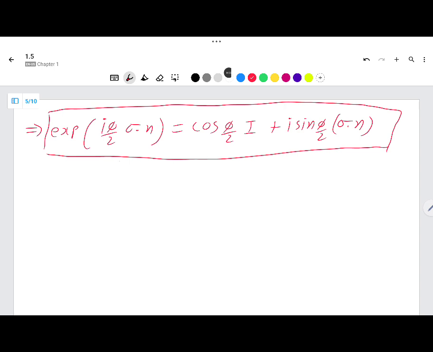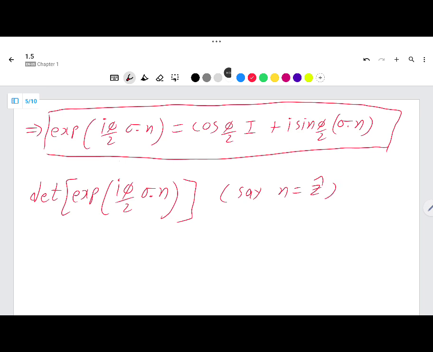Now our goal is to see the determinant of this. Determinant of exponential I 5 by 2 sigma dot n. Say n is along the z part, so sigma dot n will be sigma z.